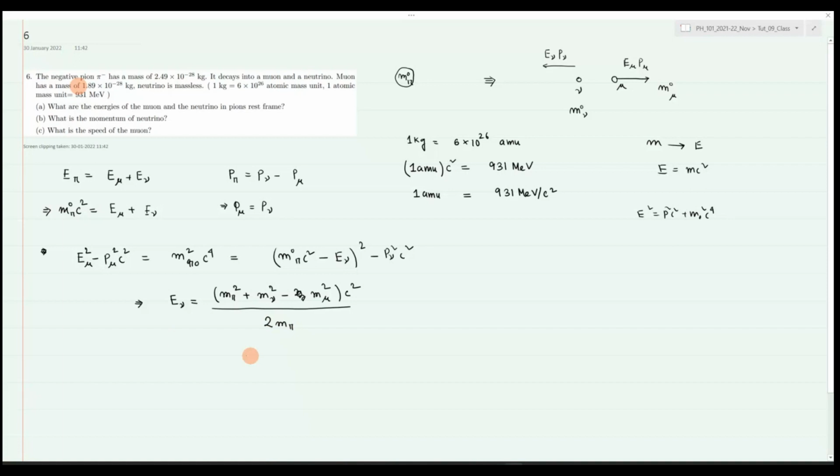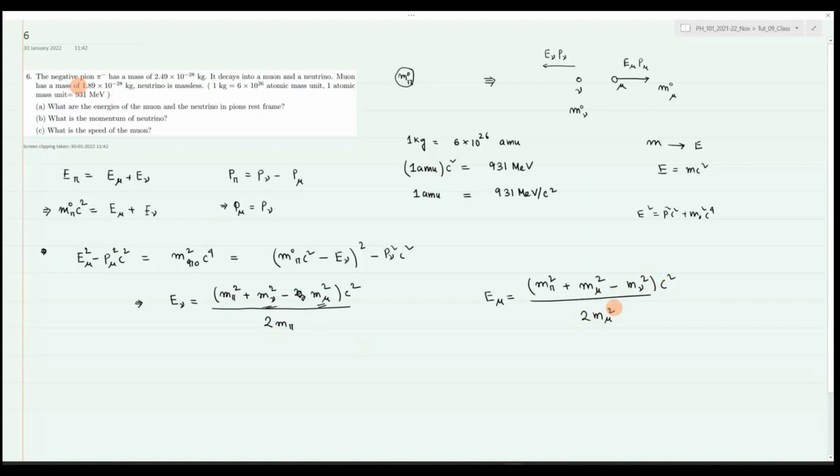This will be the energy of the neutrino, and for the energy of the muon, these things will be reversed. In place of this, it will come M pi square plus M mu square minus M neutrino square, divided by 2 M pi, into c square.